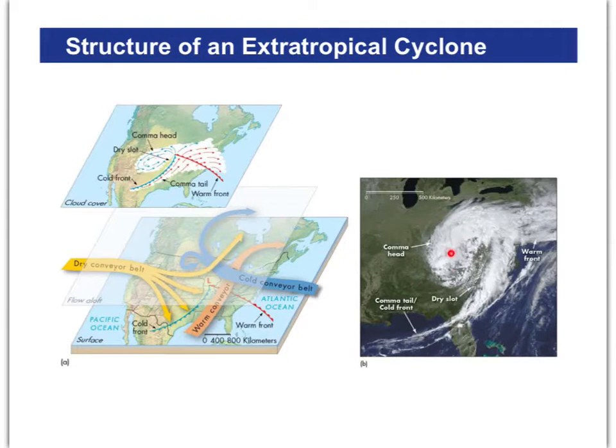And you can see this big comma shape right there. It's all because of warm air that is being pinched from underneath by cold air. So cold air is pinching under there, and it's also cold air over here too. And the warm air is rising up and spiraling counterclockwise, giving us that typical comma shape right there.